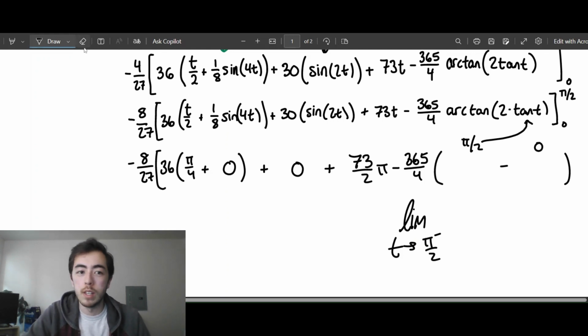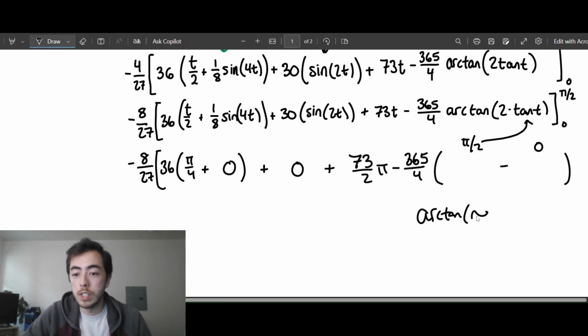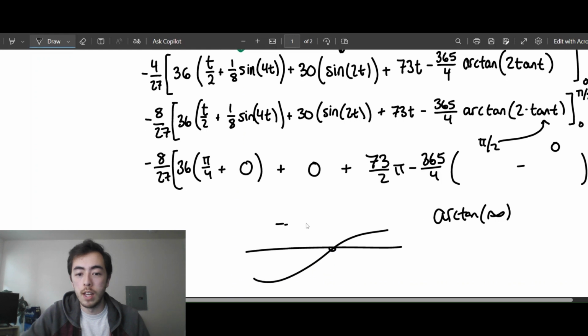I get a very, very large value, essentially a positive infinity out of this argument. So once I evaluate arctangent of essentially an infinity, I'm thinking of the arctangent graph. It looks a little something like this. And I know that it's going to top out at pi over 2.